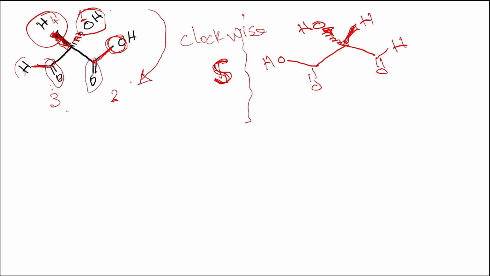So in this case I can simply swap these and keep the molecule exactly the same. So OH like this, hydrogen at the back, and then keep the molecule exactly the same.